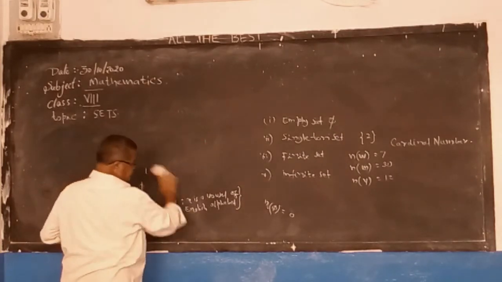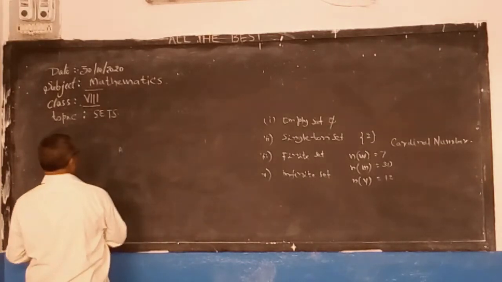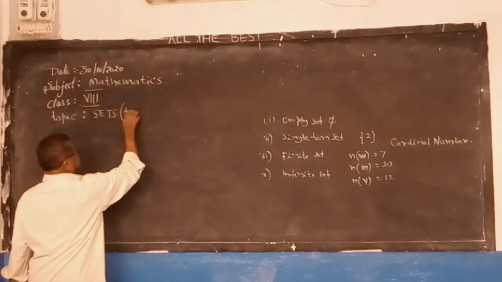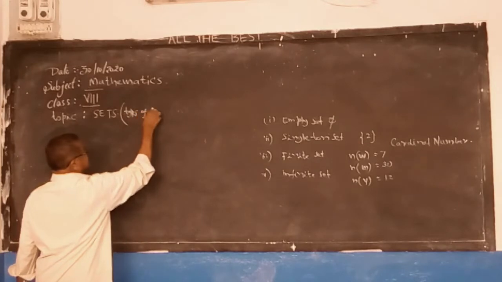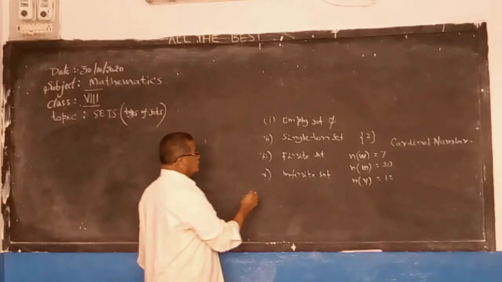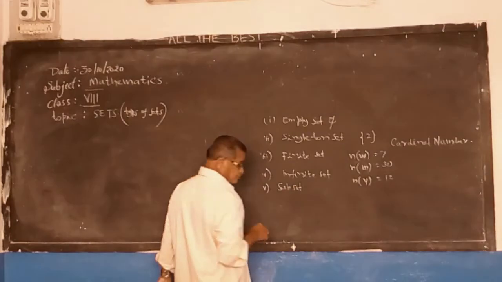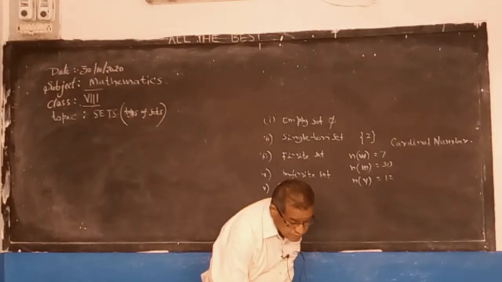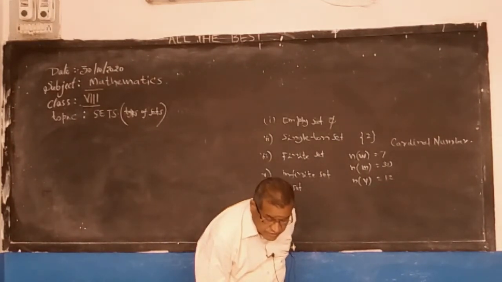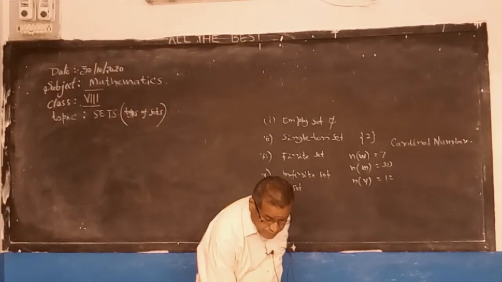A few more types of sets. The fifth one, subset, is given, and the universal set.